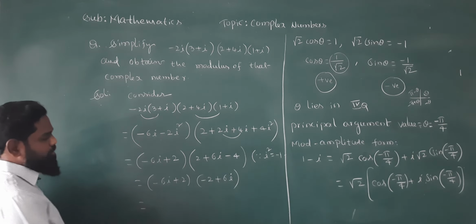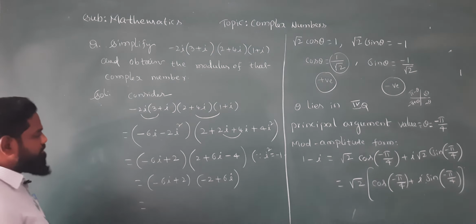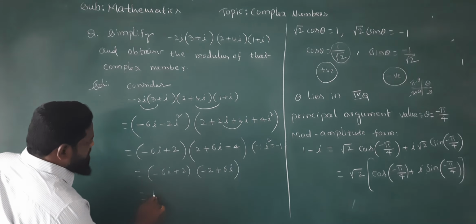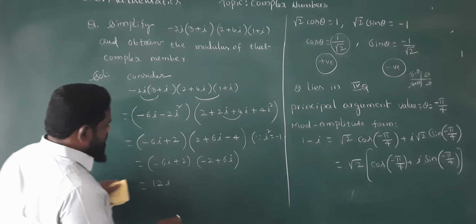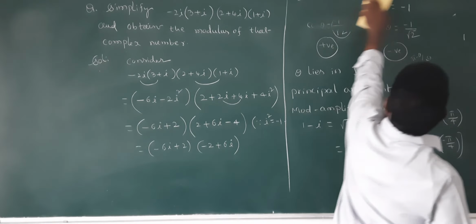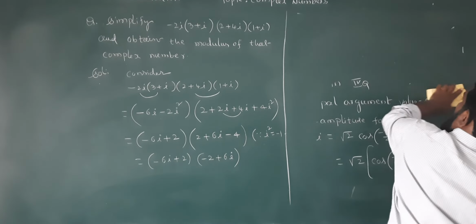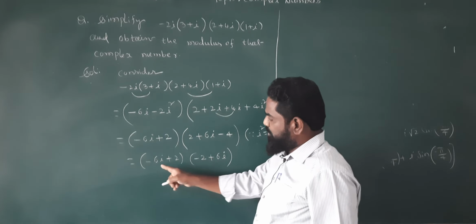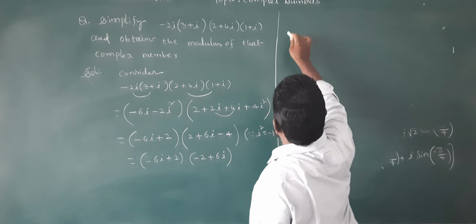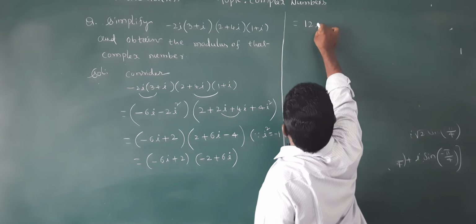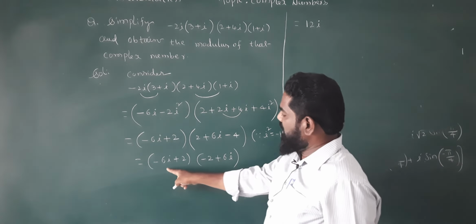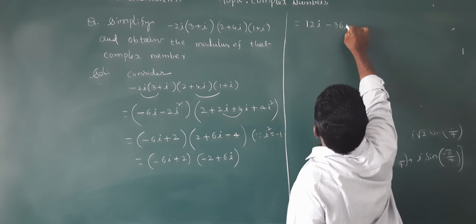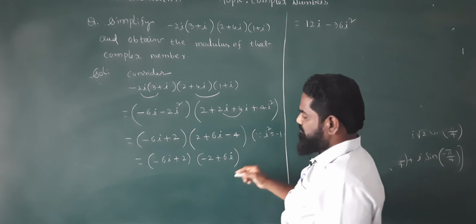Now open the bracket. Minus 6i, minus into minus gives plus 12i, minus into plus gives minus 36i square.